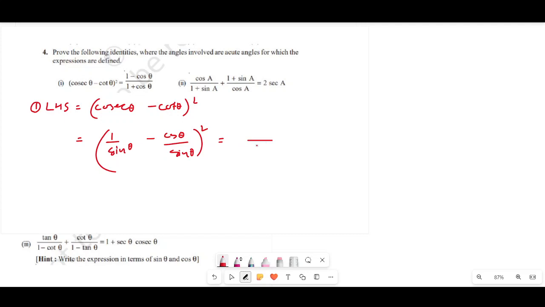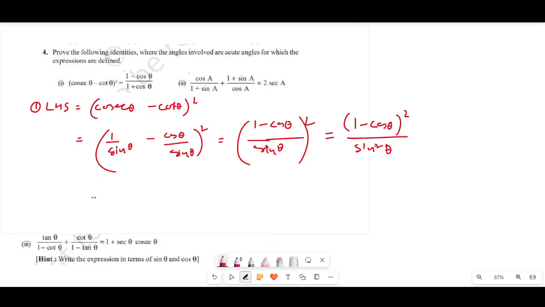It will be sin theta, and here 1 minus cos theta, square. Now we can write (1 minus cos theta) square upon sin square theta.